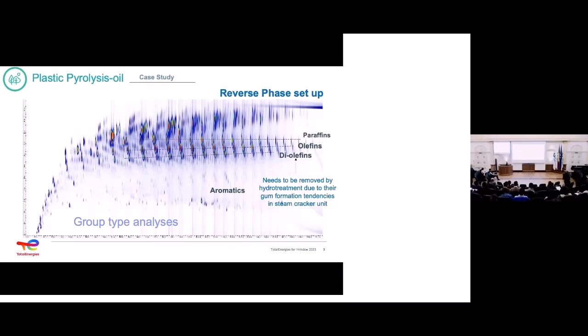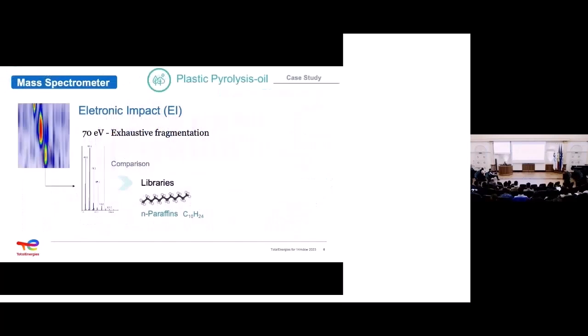Even by GC, we have a good group type analysis, so you can understand where each compound is within each class. Sometimes we need to identify these peaks and go for mass spectrometry analysis. In the coupling of GC with MS, as we know, electron impact at 70 electronvolts is the conventional ionization source used. This is a hard ionization, so we get spectra with many fragments that can be compared with a library.